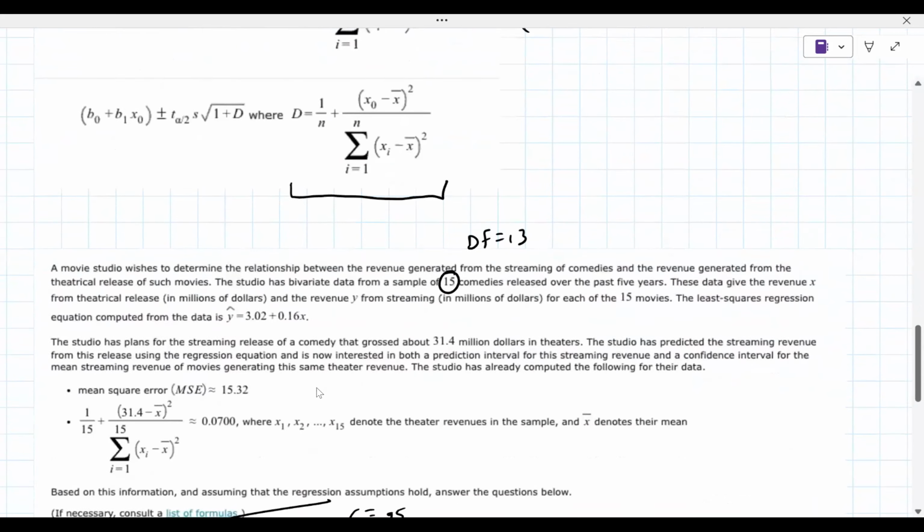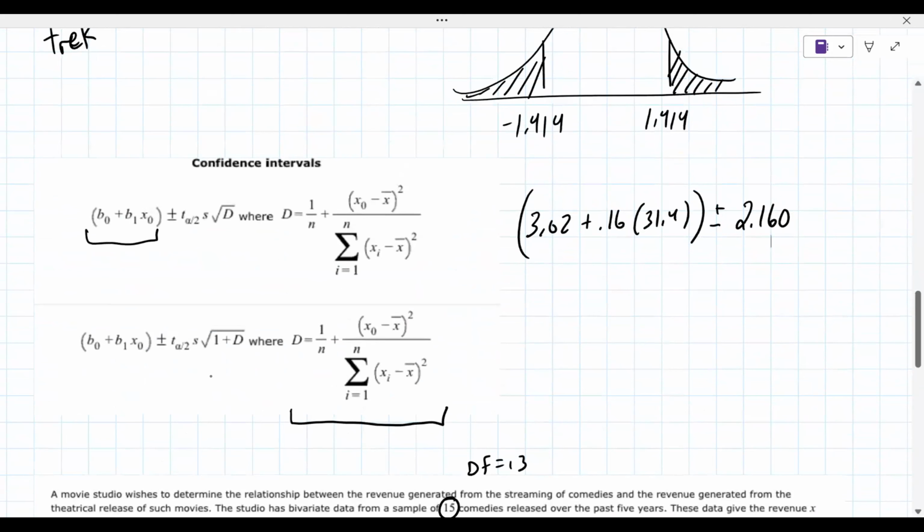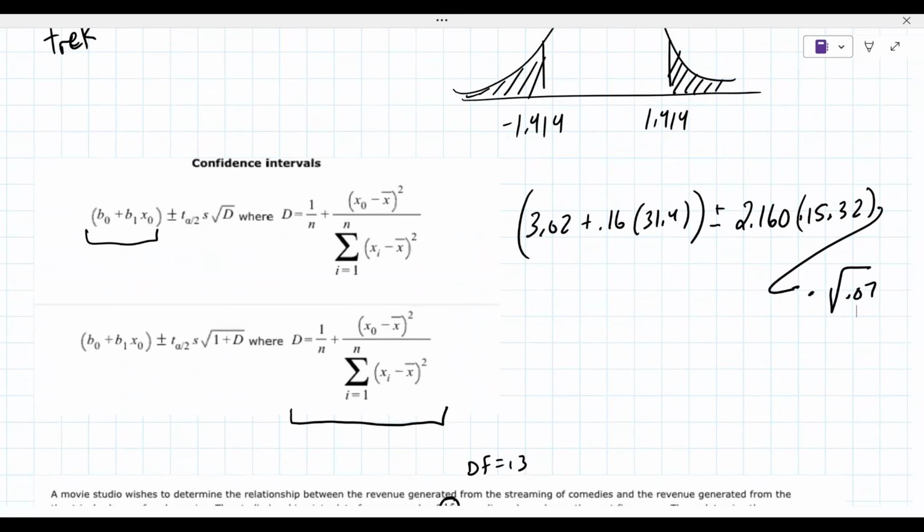The mean square error is the standard deviation, that's 15.32, and then times the square root of that 0.07 number. So it's all there. I don't know how easy that is to see, but that is everything. I'll do the calculations here. Hopefully it worked out.